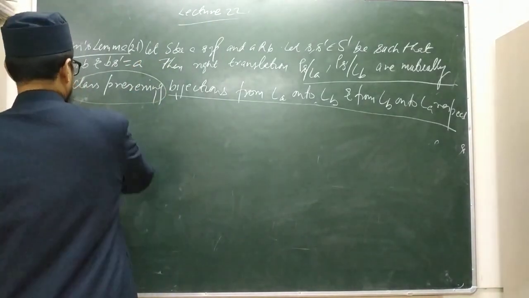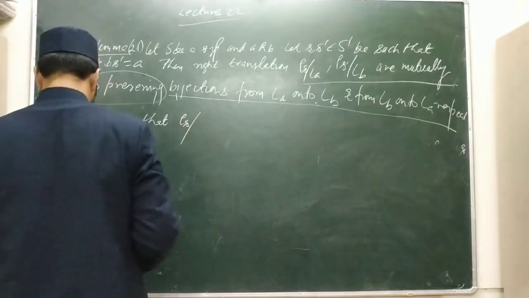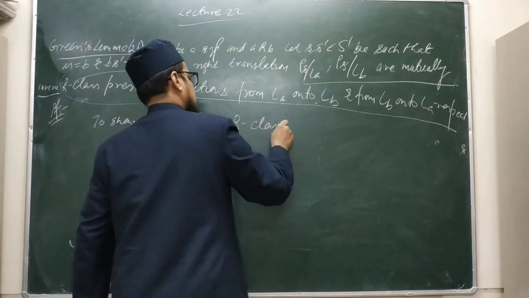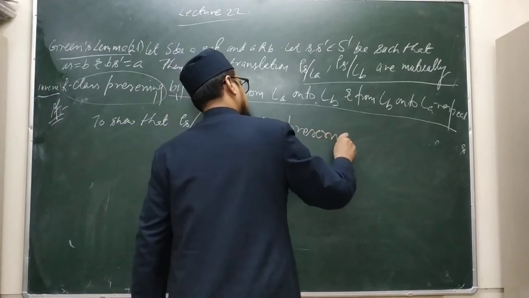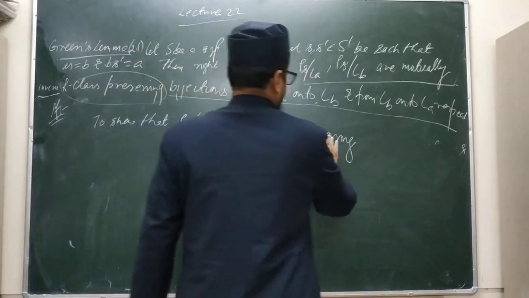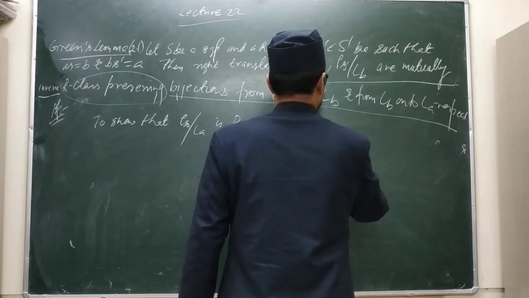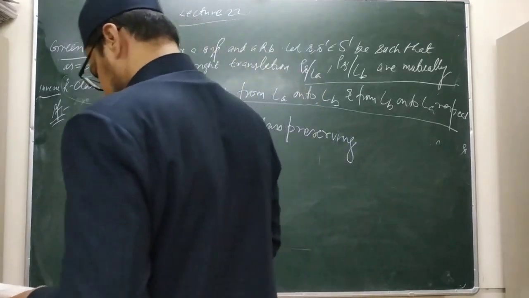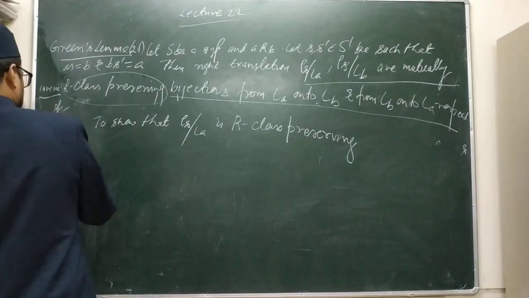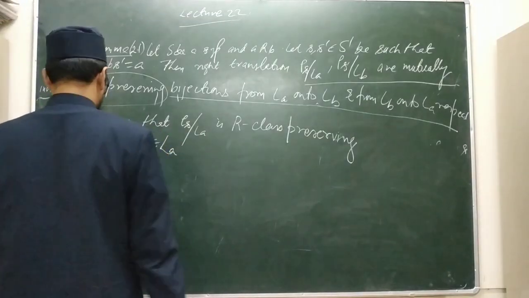To show that rho s by LA is R class preserving, take any x belongs to LA.